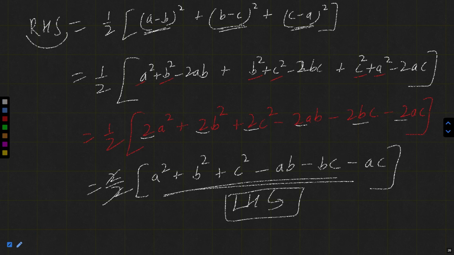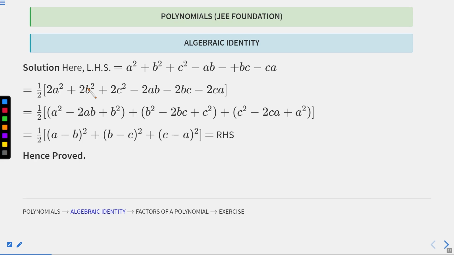But if you see the solution here, in the solution we started by taking the left hand side and just put the respective value or did some manipulation. What manipulation did we do? Just multiply and divide by 2 inside, and then we will get 2a square plus 2b square plus 2c square minus 2ab, so minus 2bc minus 2ac.